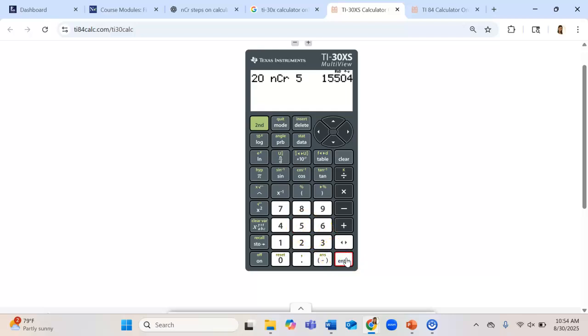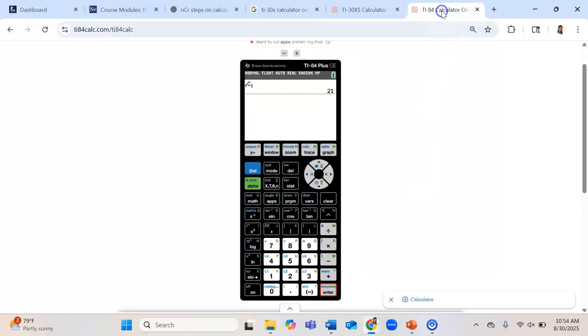And so our answer is 15,504. And I'm going to show you again on the TI-84. If we type in our 20, then type in math, scroll over to probability, and then go down to the NCR, hit enter, and then our R was 5, and we get the same answer.